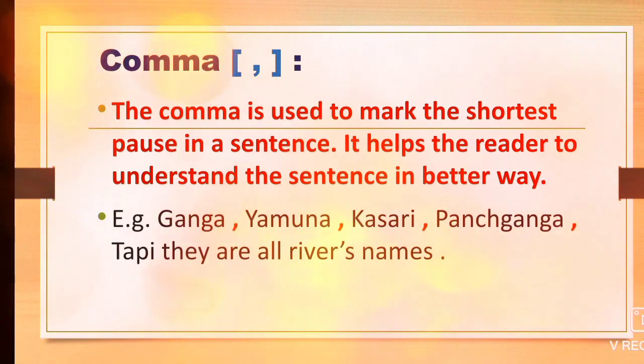For example, Ganga, Yamuna, Kasari, Panchaganga, Tapi, they are all rivers' names. Here we use commas and we take a small and short pause in this sentence and easily understand these sentences.